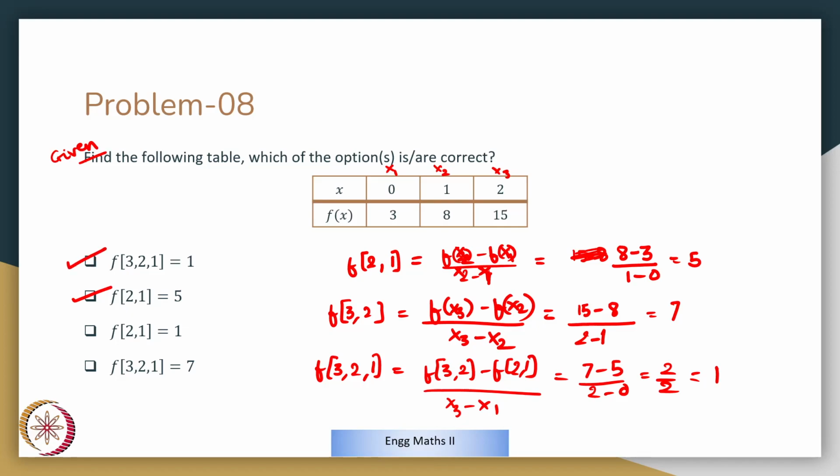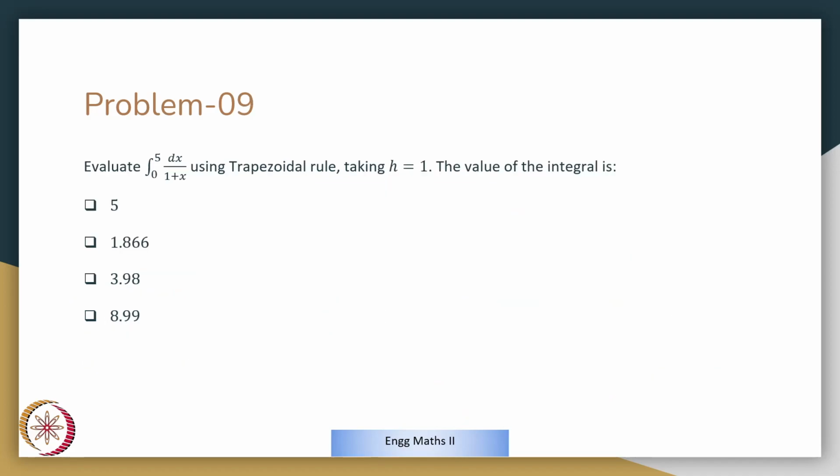This was a problem on divided difference. Problem number 9. So far we have covered problems on interpolating polynomials, which started with approximation theorem, calculating the residue or error between actual polynomial and interpolating polynomial, with finite difference operators, forward difference and backward difference polynomials, then divided difference, as well as Lagrange interpolation polynomials.